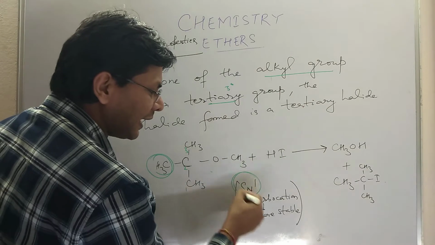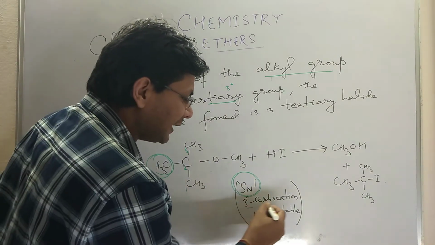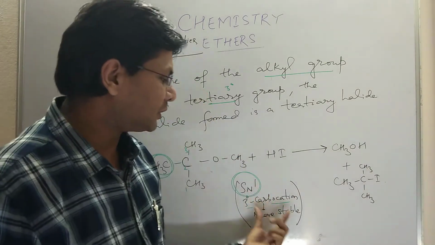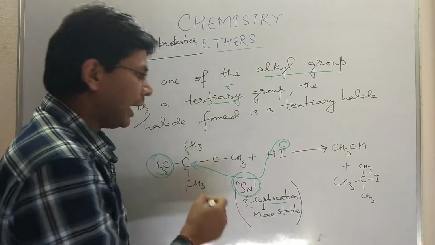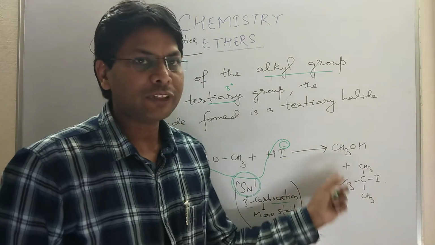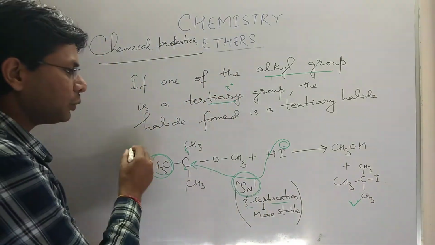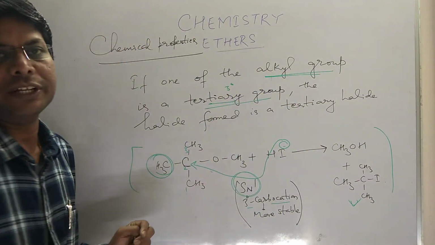So what happens when the CH3OH group leaves? It is actually an SN1 reaction, substitution nucleophilic unimolecular reaction. Here a 3-degree carbocation is formed, which is more stable. So the iodide ion attacks the 3-degree carbocation and easily forms a halide which is tertiary. This is an important point that you need to keep in mind when one of the alkyl groups is a tertiary group.